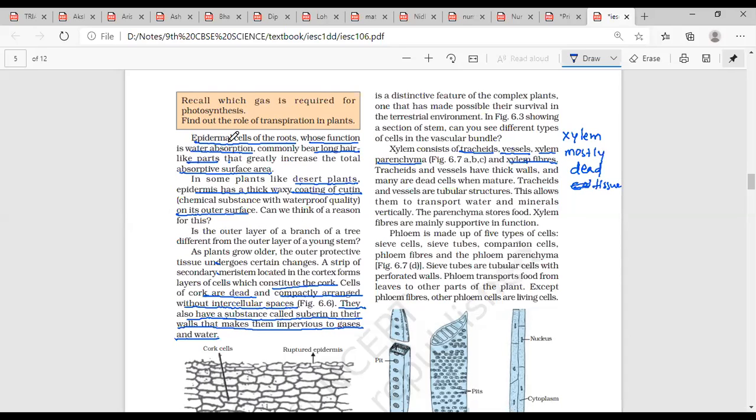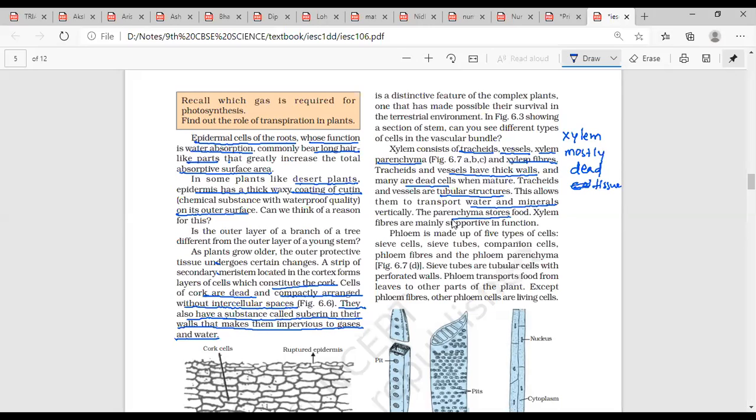They have thick walls. Many are dead cells. They have tubular structures, which allow them to transport water and minerals vertically. That is the function of vessels and tracheids.